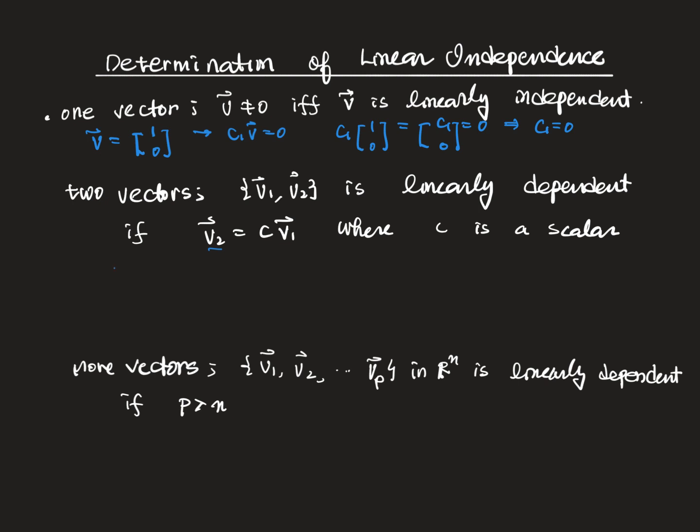Let's say V2 is 2V1. We need x1V1 plus x2V2 equals 0. A trivial solution only means independent, and a non-trivial solution means dependent. Here 2V1 minus V2 equals 0, so x1 is 2 and x2 is negative 1.